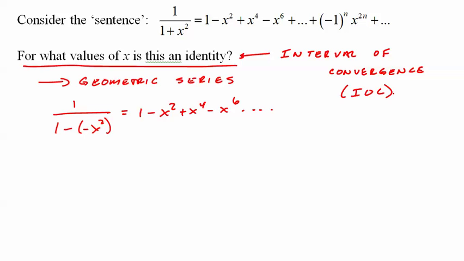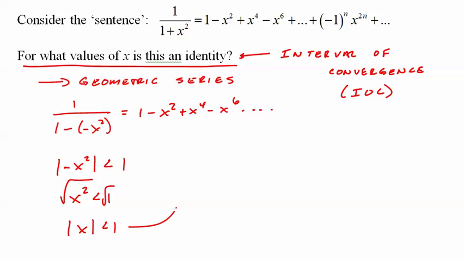You have to say that negative x squared has to be less than 1, because we know from a geometric series that it has to be less than 1. We've played with this a little bit before. Absolute value gets us to x squared. Square root of both sides gets us back to absolute value. If we solve this, we get negative 1 is less than x is less than 1. And that's our interval of convergence.